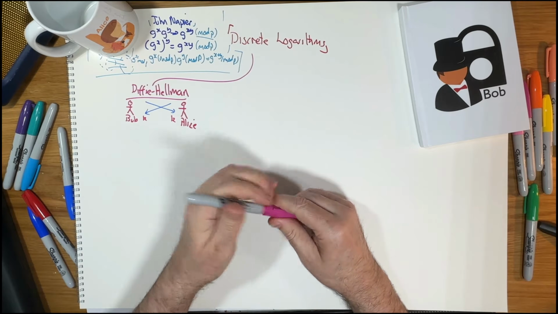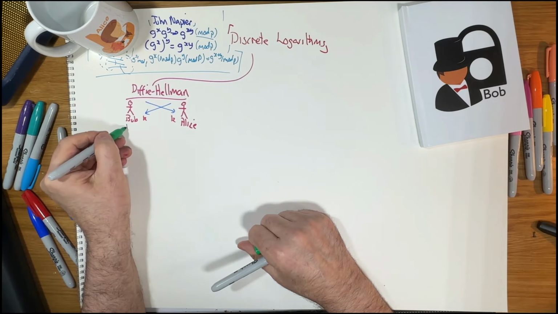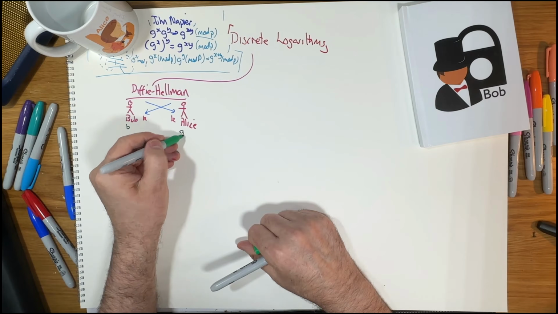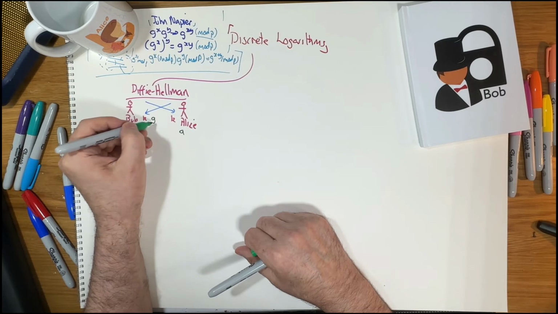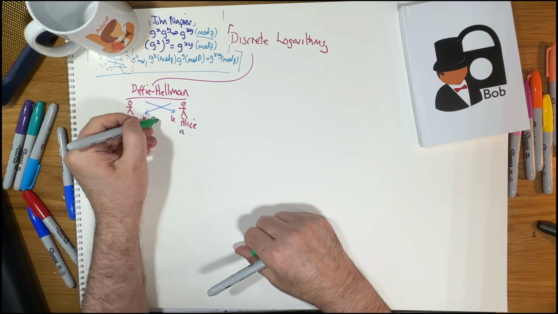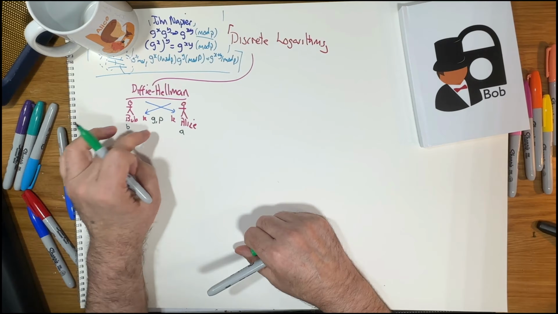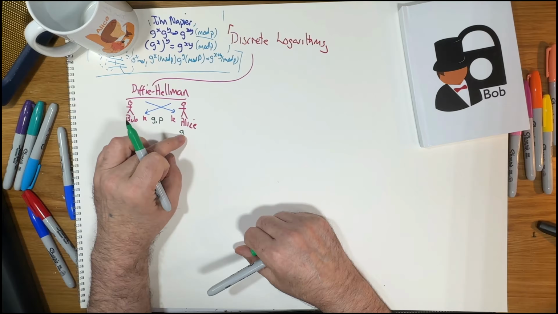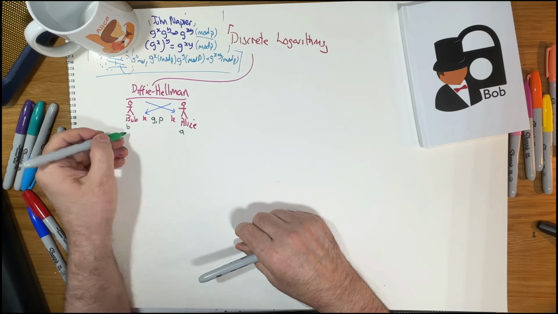So the way this is conducted is that we initially start off, Bob generates a random value, and Alice also has a random value. The first thing they do though is they agree on a value of G. Remember, we've got to pick G correctly, and a prime number P. So they both agree on that, and then the value of b will be between 0 and P minus 1, and the value of a will be between 0 and P minus 1, and will hopefully be random.